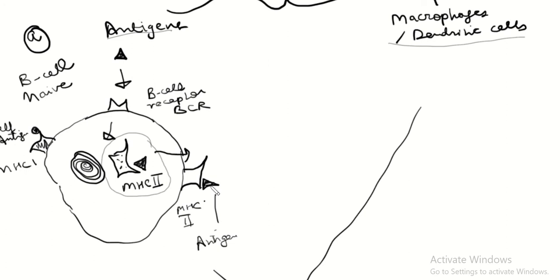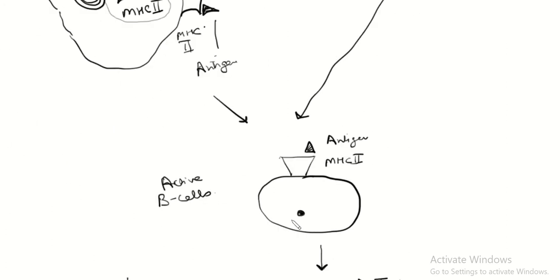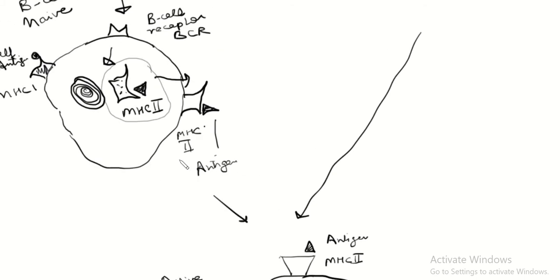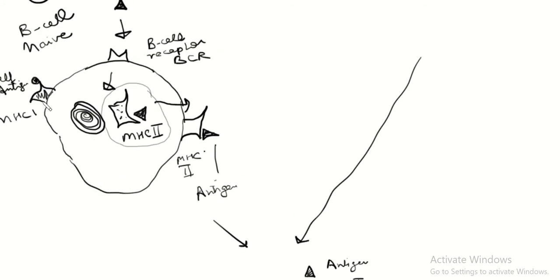So it's doing the same thing that the macrophages are doing, which is what? It is now active and it's presenting the antigen on an MHC2 marker on itself. Now remember, they still have the MHC1 marker with the self antigen on it. Remember, all nucleated cells do.